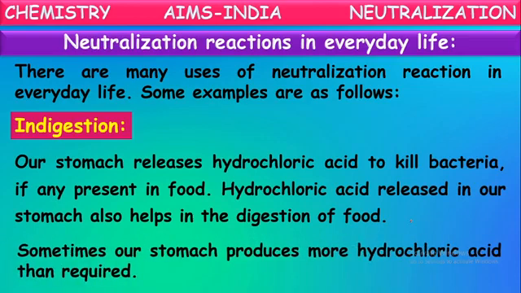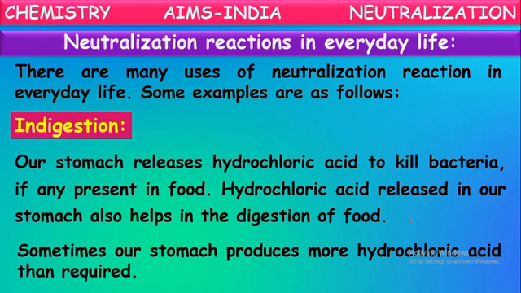Sometimes our stomach produces more hydrochloric acid than required. When we take food, a certain amount of hydrochloric acid is produced, which helps in killing the bacteria and in the digestion of food.